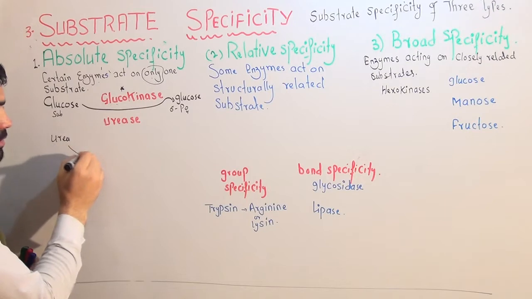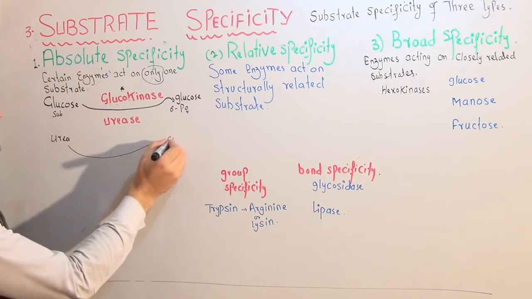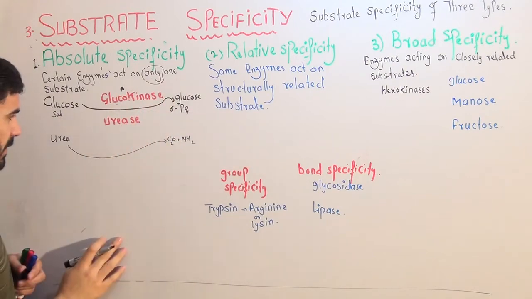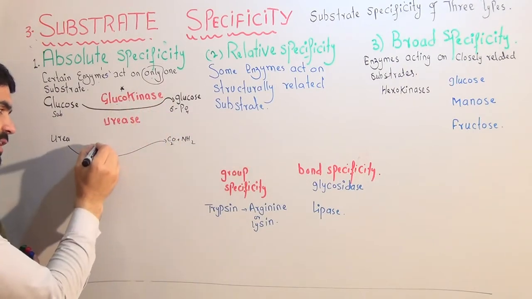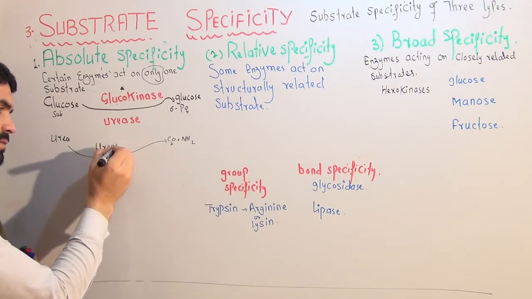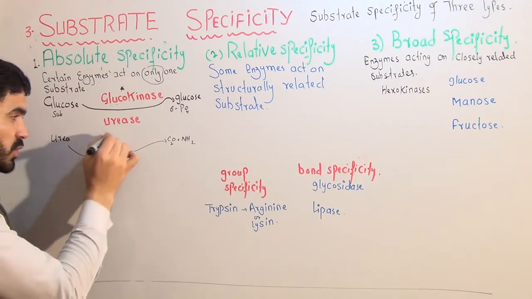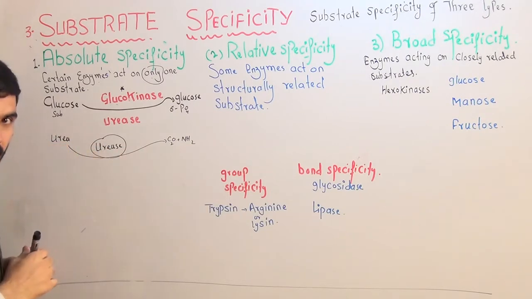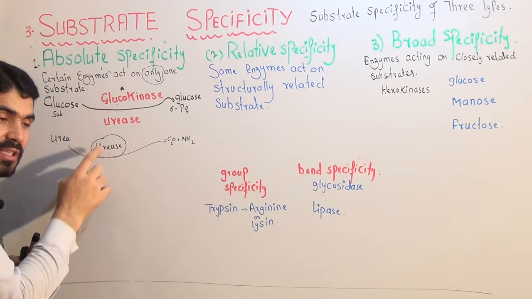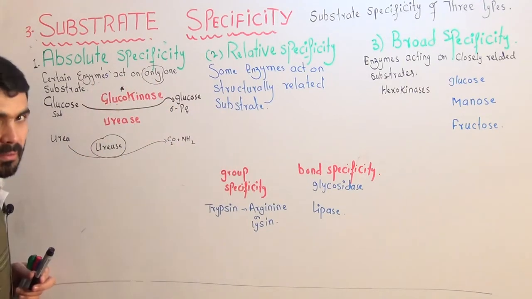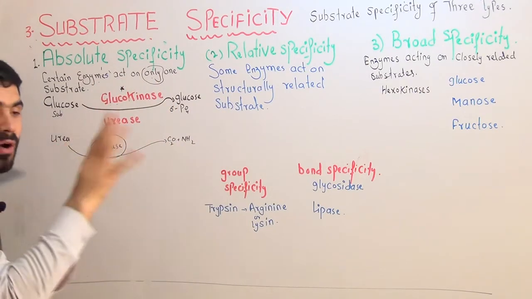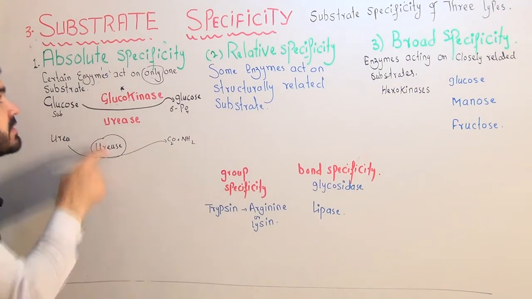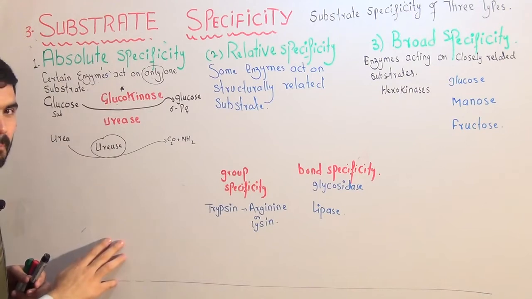This urea is going to convert into carbon dioxide and NH2 group. The enzyme which is acting on urea is urease. This urease is only acting on urea, but it cannot act on any other compound, whether similar to urea or not. So urease is absolutely specific.